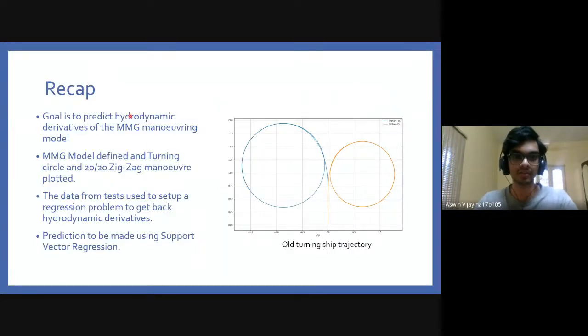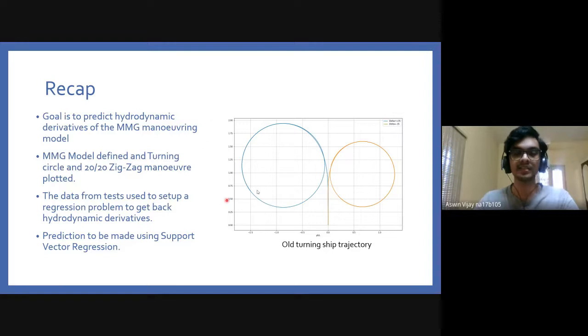As a recap, in my last presentation, I had defined the MMG maneuvering model, and my task was to recreate two maneuvers, the turning circle maneuver and the zigzag maneuver, by defining the mathematical model and generating these two maneuvers from it. The goal was to get the data from these two maneuvers so that I can recreate the hydrodynamic derivatives using support vector regression.